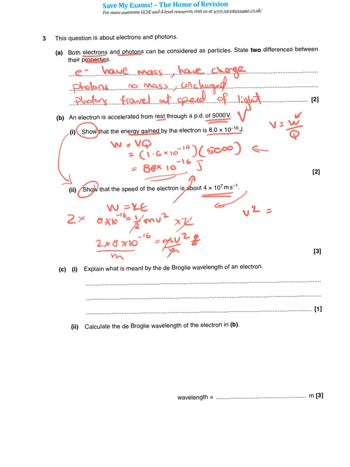So v squared is 2 times 8 times 10 to the minus 16 divided by 9.1 times 10 to the minus 31. And then the reverse action of squaring is to square root both sides. The square root and the square cancel, so we get v to the power of 1. And therefore we have this.